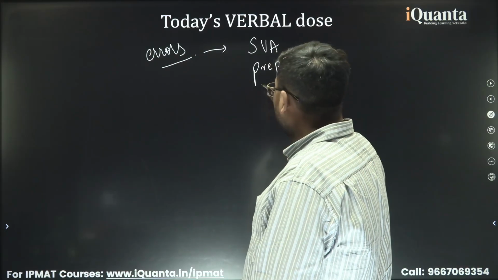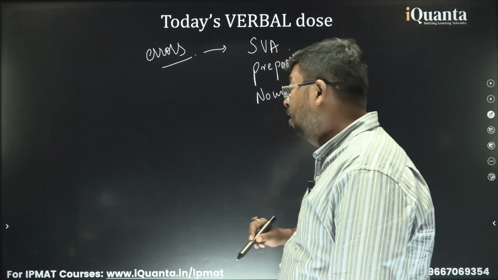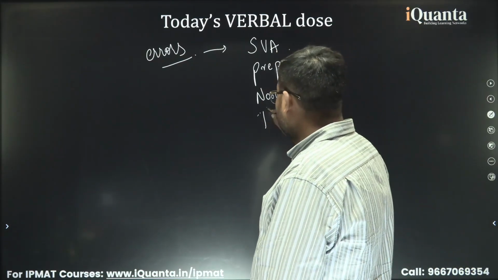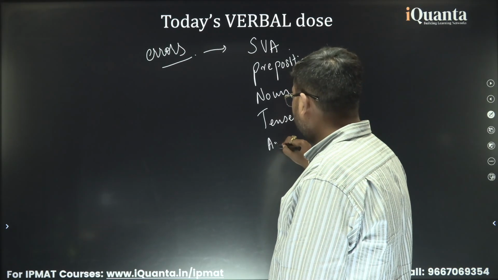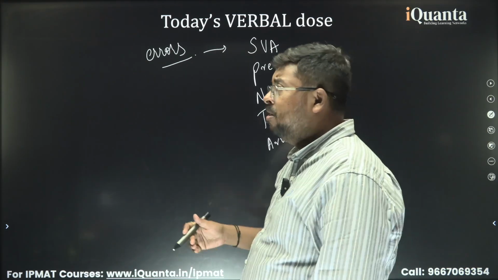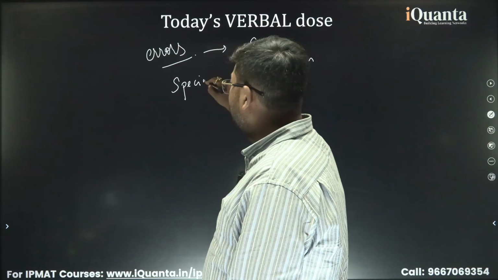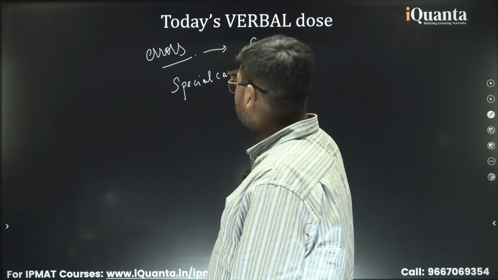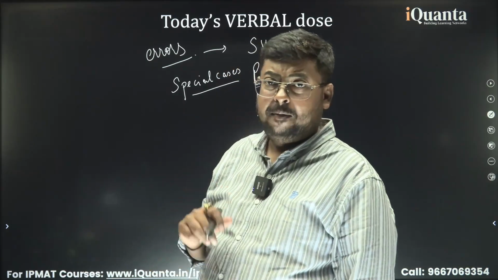Then there is noun, we need to work on that, and there are tenses, articles, fine. Even sometimes there are some special cases, as in how to use your grammar correctly.